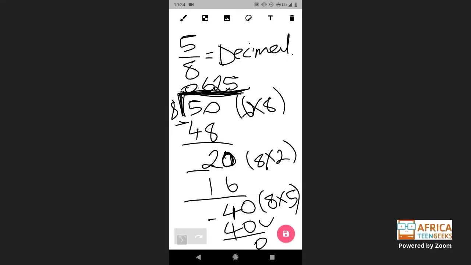So guys, my advice to you, when you are doing it on your own and you are converting fractions to a decimal and you want to verify your answer, you can use a calculator to verify your answer, not to get the answer.